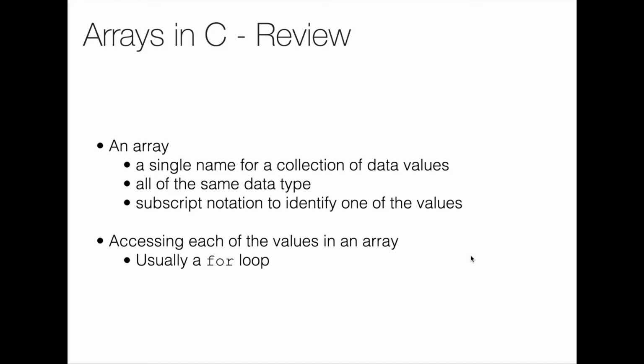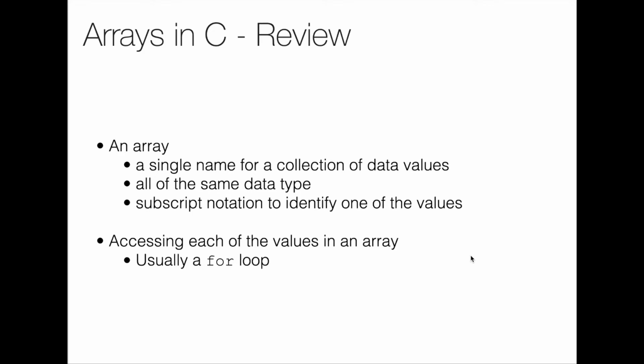We use a subscript, a number specified within square brackets, to refer to each individual location in an array. Usually, to traverse through arrays, we use for loops or any kind of loop structure.